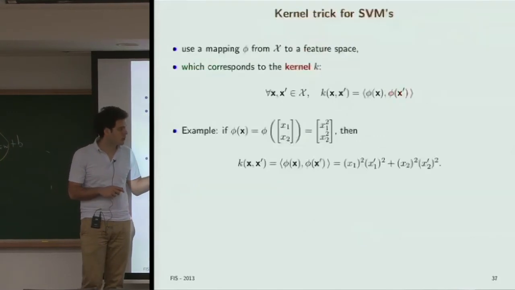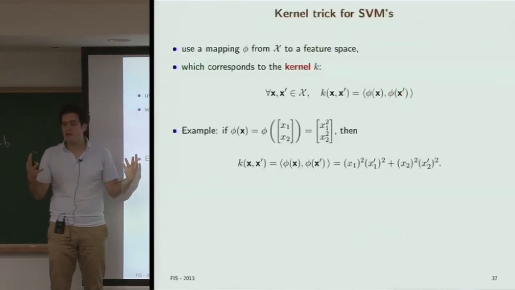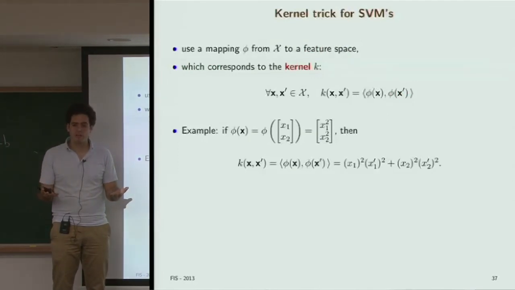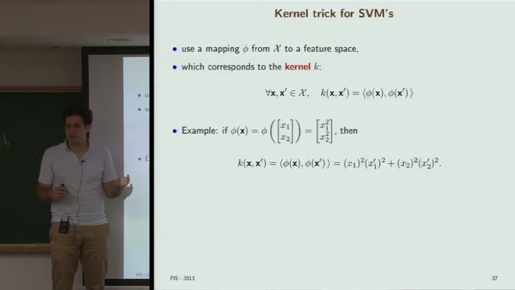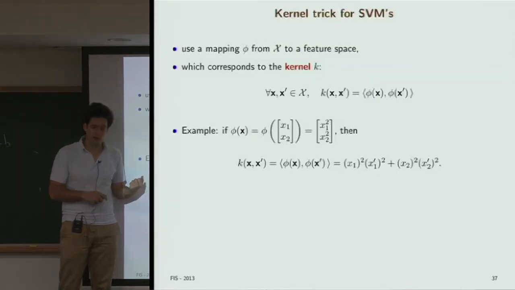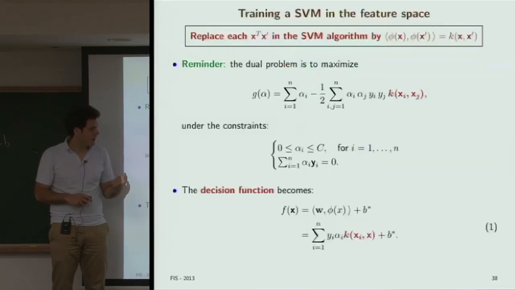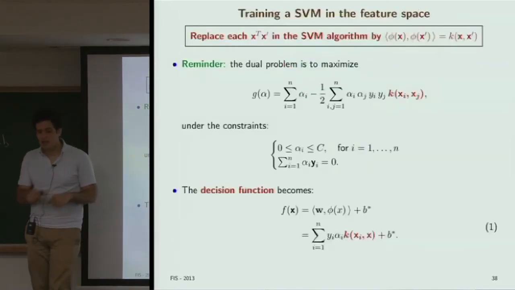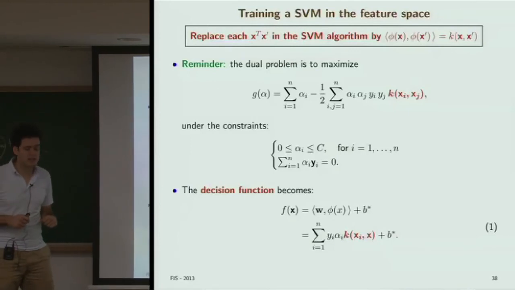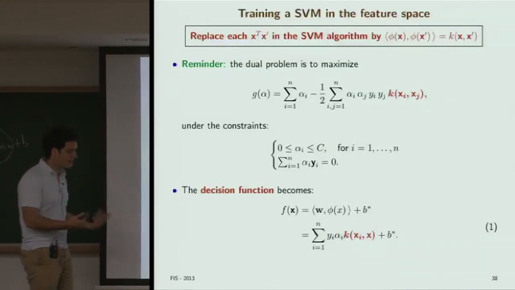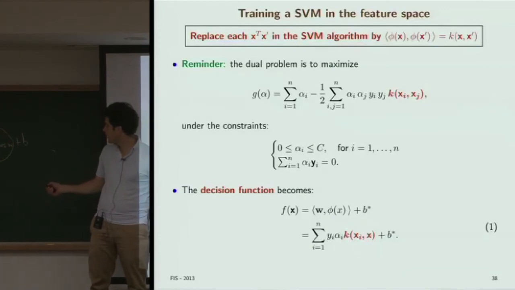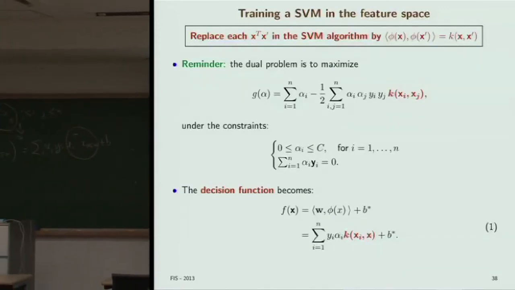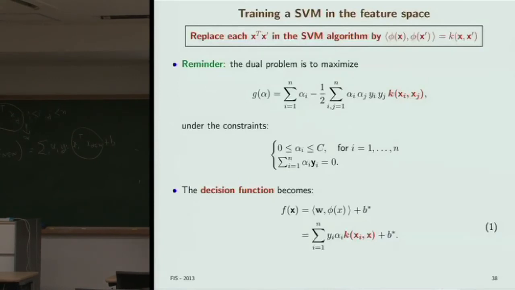A kernel is some dot product between x and x prime in some representation. If I can compute this function, I can put k of xi and xj in my solver, and at test time, instead of xi transpose x new, I would just put the kernel between xi and x.